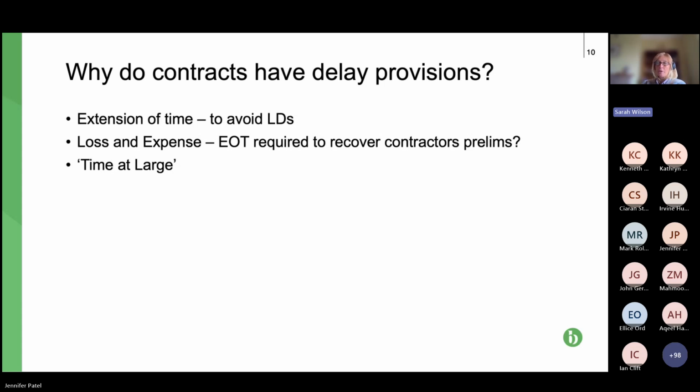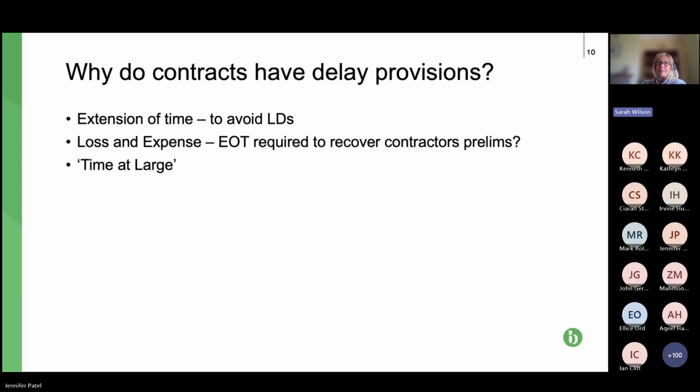So completion is one of the key provisions, and it's key for both parties, because the employer wants access to the facility that is being built by the date that was planned. Equally, the contractor wants to be able to leave site by the planned date, because it has priced on the basis of being on site for that period.